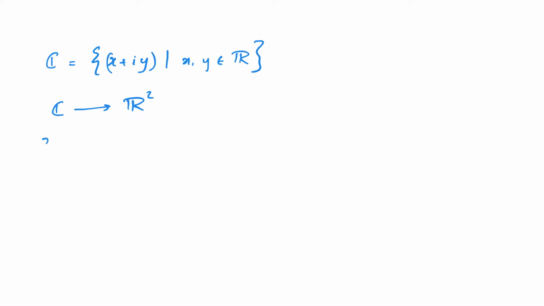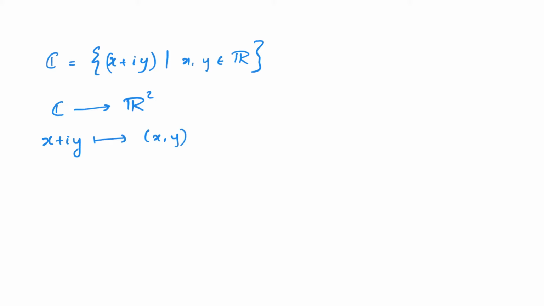Now, notice that as C is the set of all x plus iy such that x comma y belongs to R, there is a natural map from C to R2. Namely, the map that takes x plus iy to x comma y.